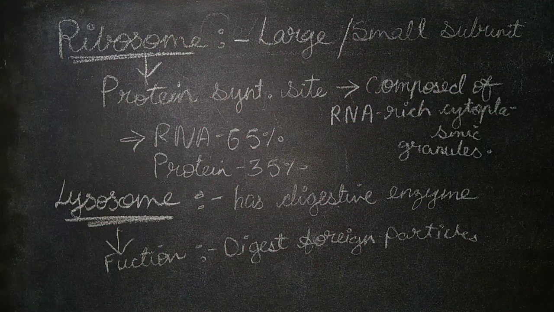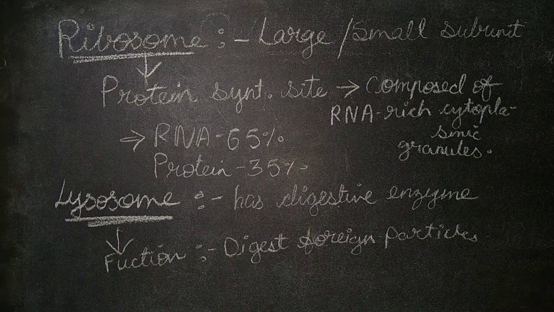Another organelle is the ribosome. The ribosome is a small organelle with a large subunit and a small subunit. The ribosome is also a protein synthesis site, and it is composed of RNA-rich cytoplasmic granules. In the ribosome, RNA is present at 65% and protein at 35%.